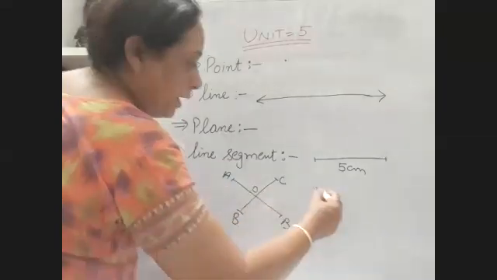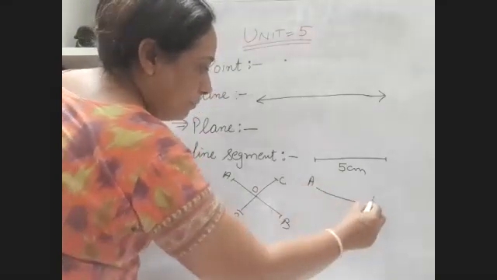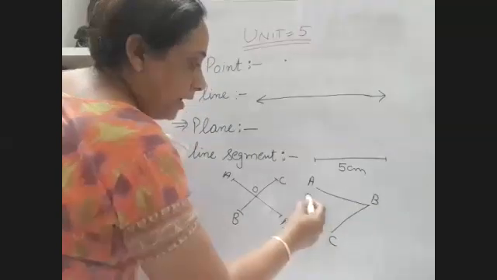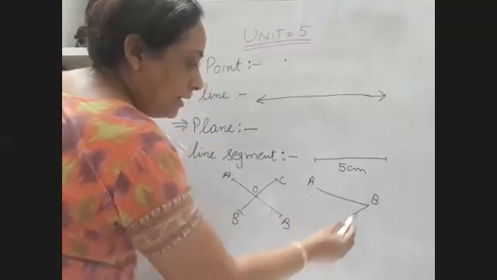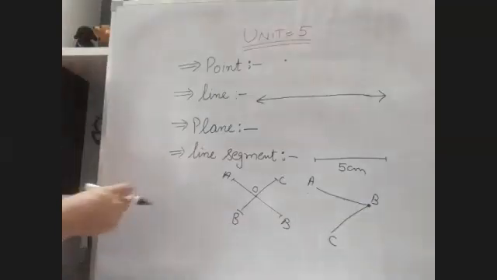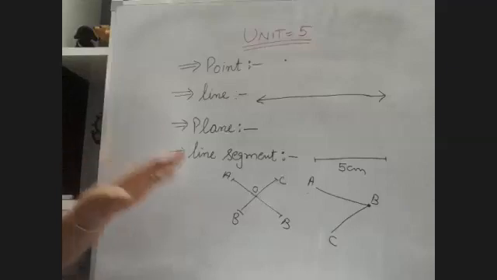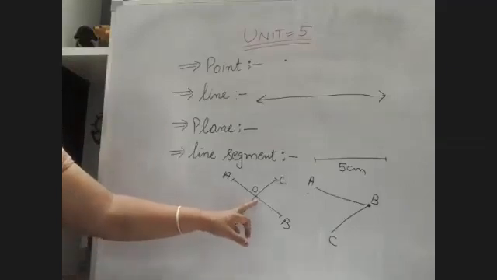For example, two line segments AB and BC intersect at point B. Basically, the point where two line segments touch each other is known as the intersecting point.